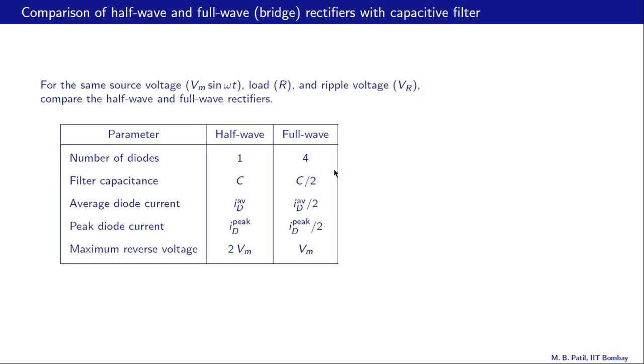So although the full wave rectifier requires 4 diodes as opposed to 1 here, it requires a smaller capacitor, and also the diode specs are less stringent in the full wave case, and that is an advantage.